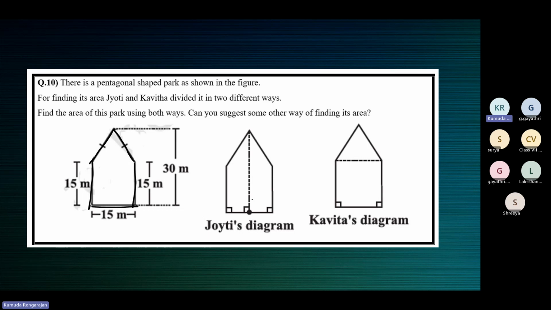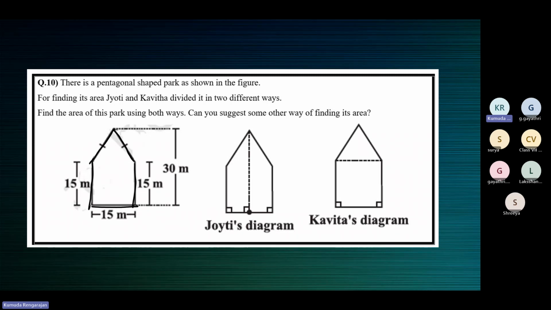Now Jyoti finds the area of the park. We have formulas to find the area of triangles and quadrilaterals. If the figure has more than 4 sides, like 5, 6, 7, 8, 9 sides and so on, we divide that polygon into triangles and quadrilaterals by connecting the vertices.